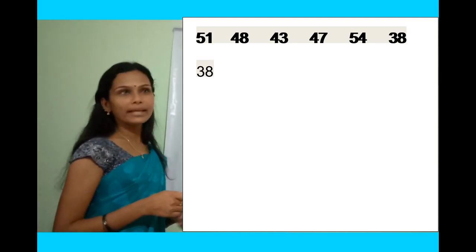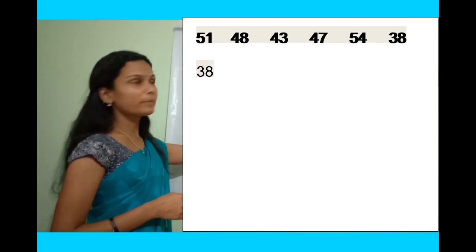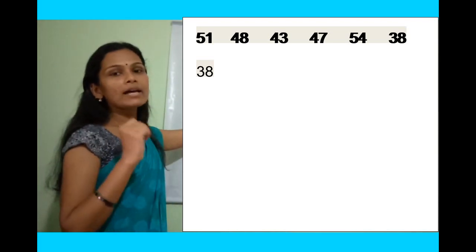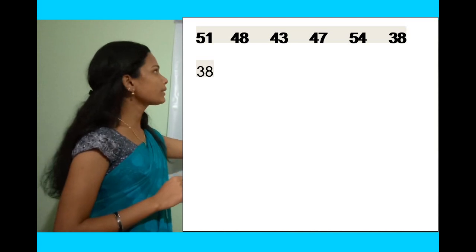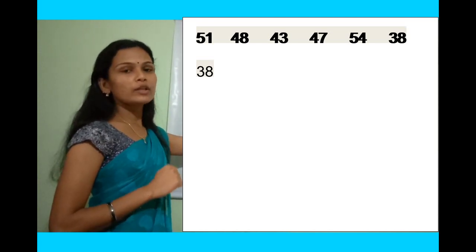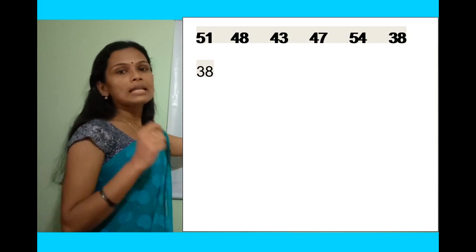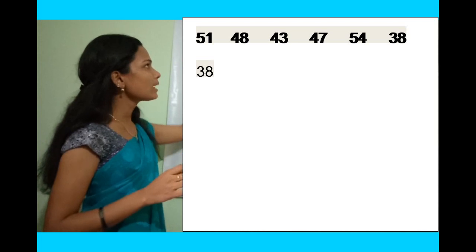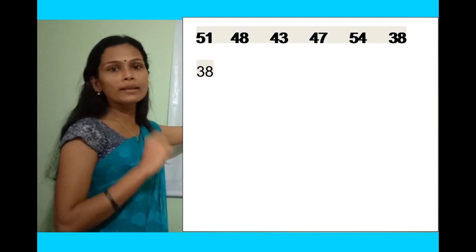Now let us compare the other numbers. Among the other numbers, 2 numbers have 5 as the first digit and 3 numbers have 4 as the first digit. We know that 4 is less than 5. Among these 3 numbers, 1 will be the smaller number.